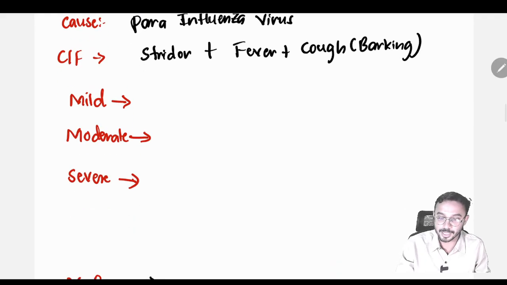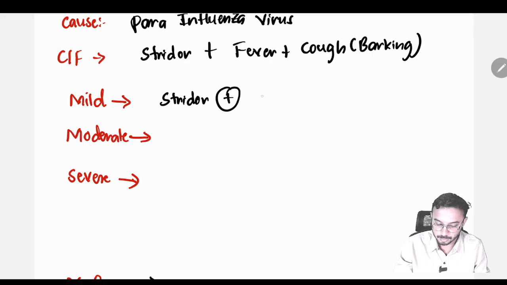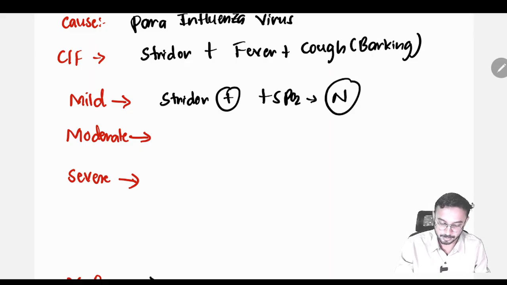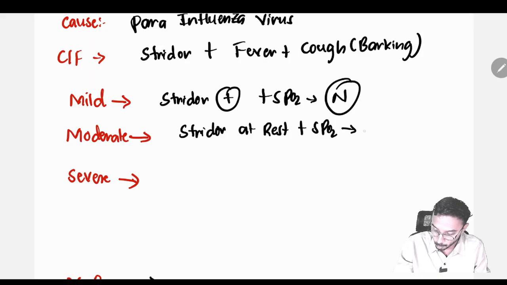So what is meant by mild croup? Stridor is present and your SpO2 is normal. Here stridor is present at rest also and SpO2 is normal, that is your moderate croup.